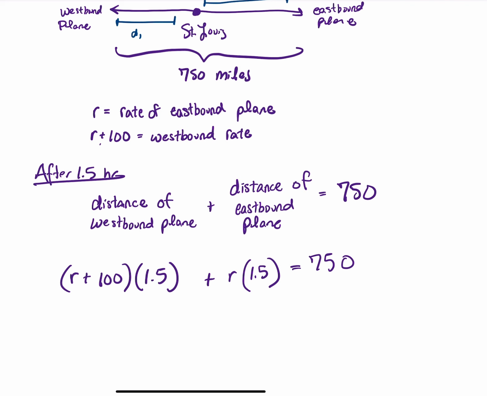If I wanted to clear these decimals, let's practice doing this without a calculator. I can multiply both sides by 10 in order to move that decimal place over one spot. So let's multiply this by 10 as well.